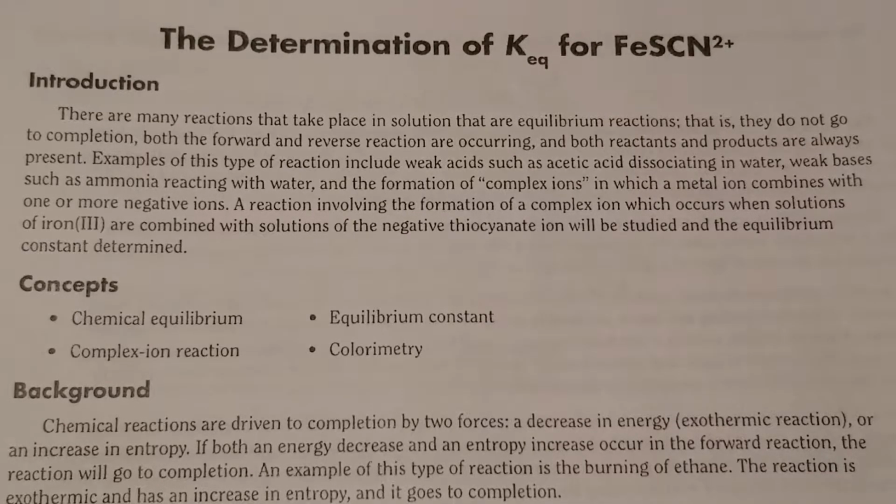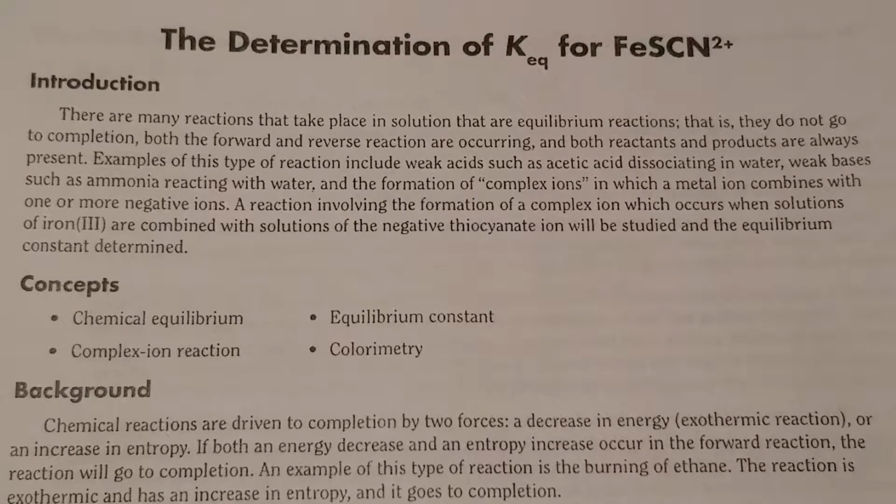Hey, welcome to our AP lab, the determination of the equilibrium constant for the iron thiocyanate complex. In this lab, you're going to be using spectrophotometers to first establish a standard curve for the absorbance of the iron thiocyanate at 450 nanometers.